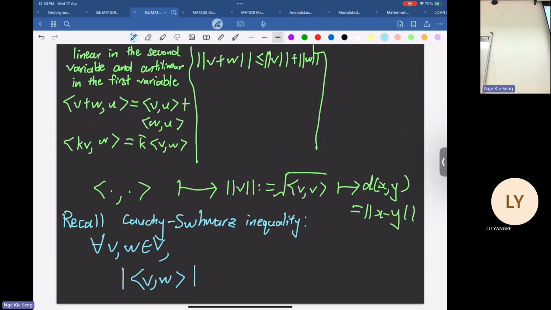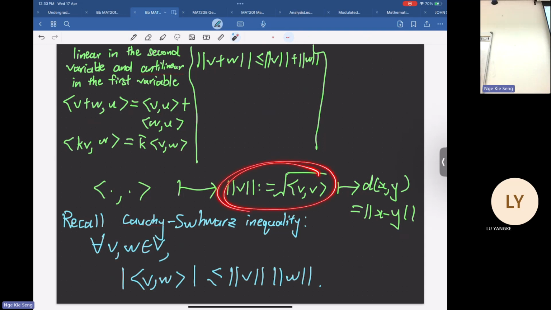The absolute value of the inner product of v and w is less than or equal to the length of v times the length of w. You need to prove this exactly using the definition of the norm. This is how the norm relates to the inner product. So from here, we can prove the triangle inequality.